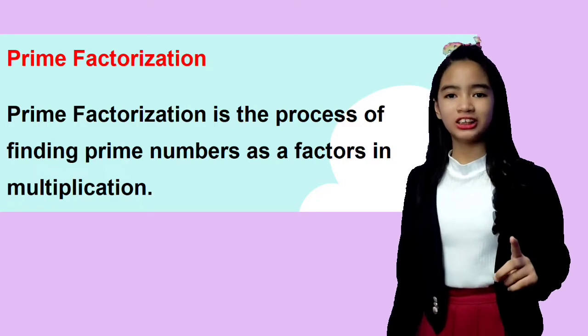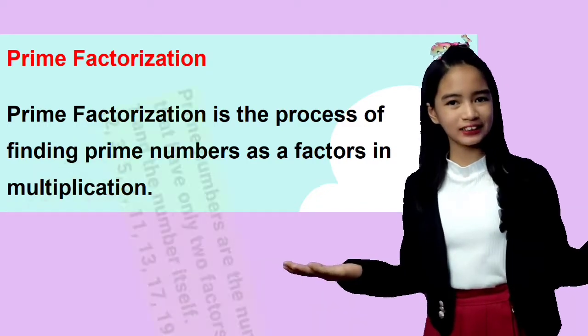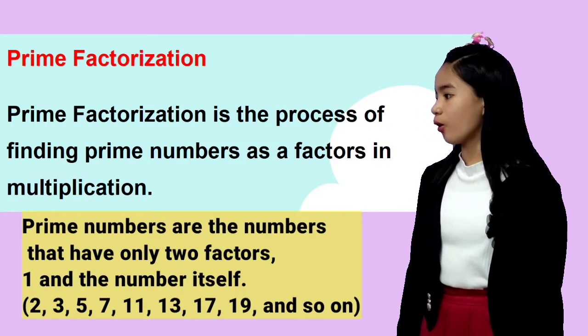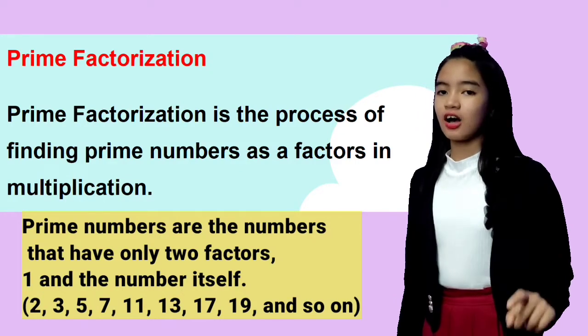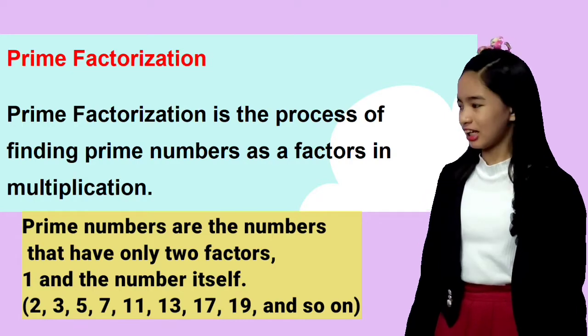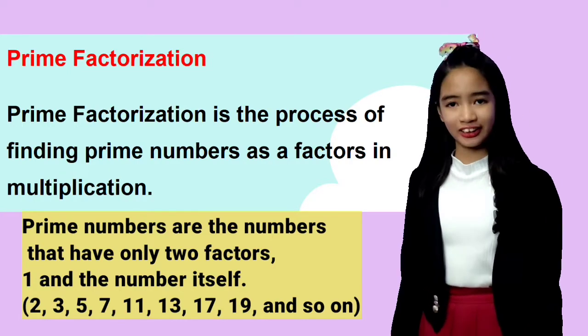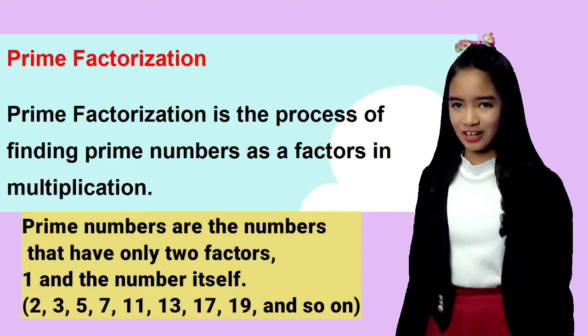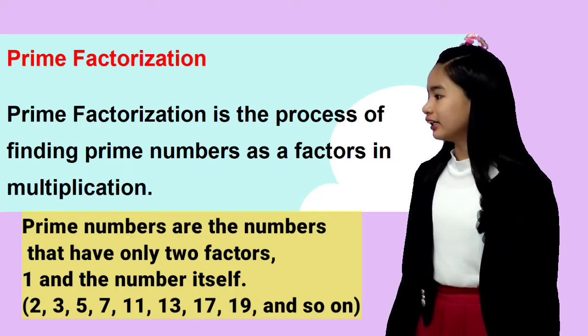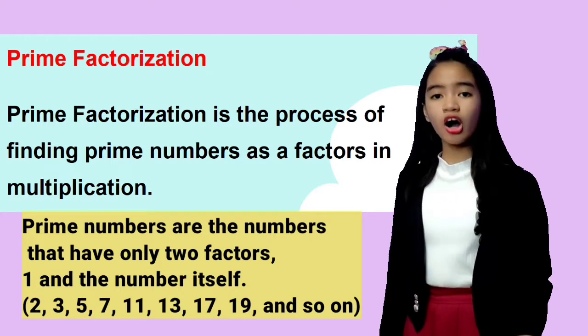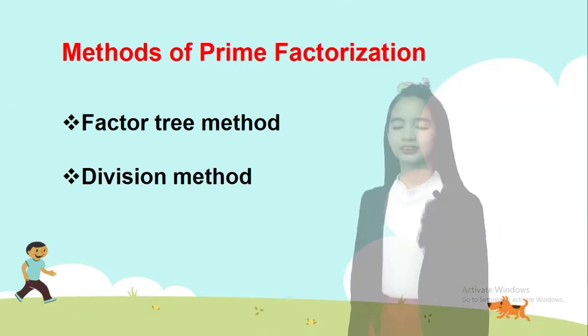Now, do you still remember what prime numbers are? Prime numbers are the numbers that have only two factors, 1 and the number itself. For example, 2, 3, 5, 7, 11, 13, 17, 19, and so on are prime numbers.